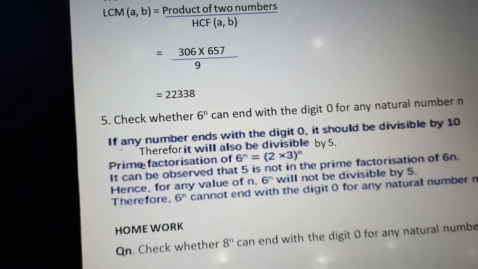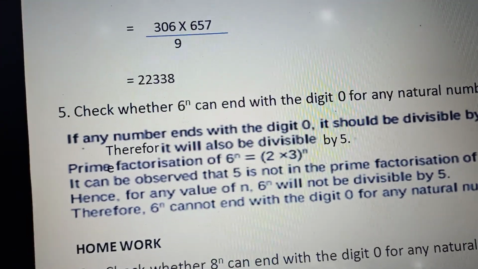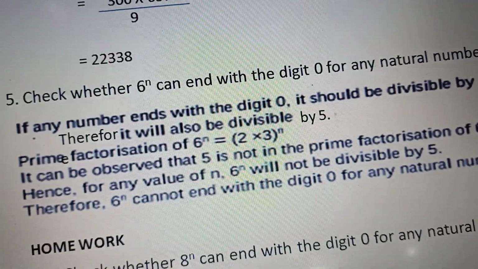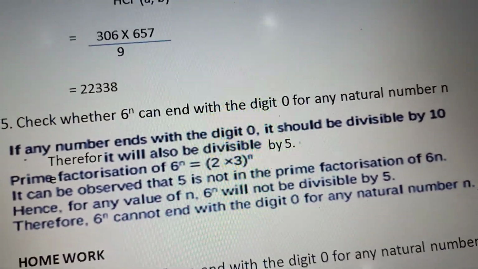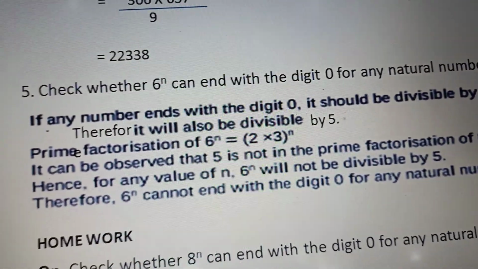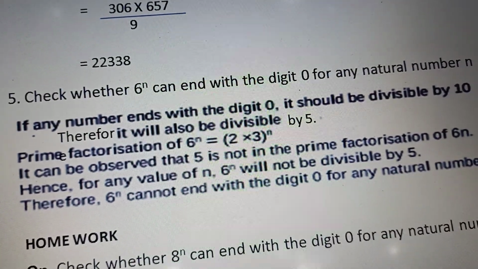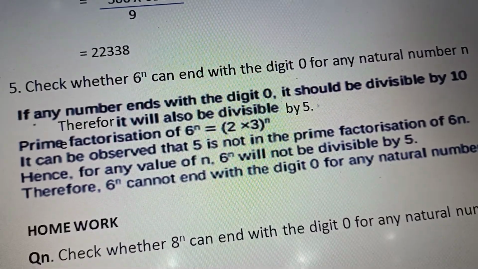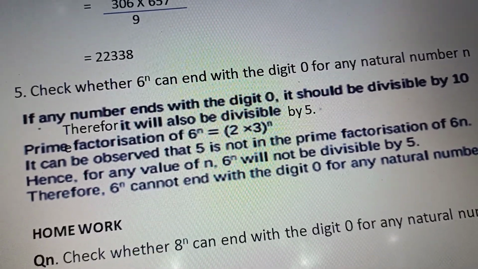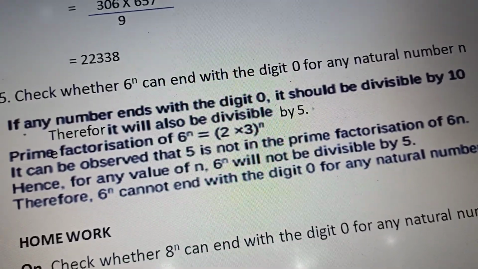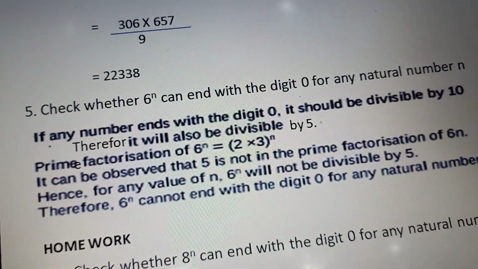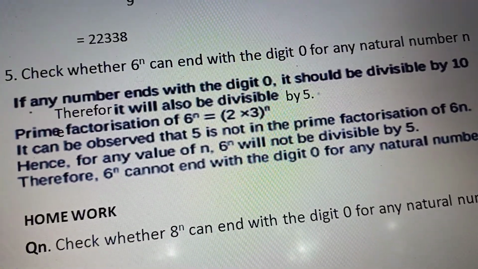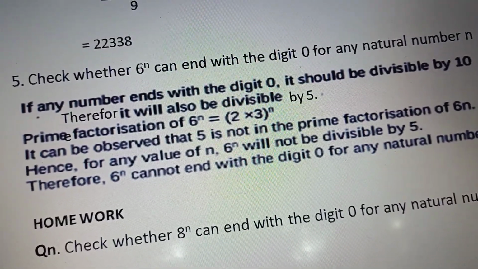Next, question 5. It is very important. Check whether 6 to the power n can end with the digit 0 for any natural number n. We know if the last digit is 0, it is divisible by 5, by the divisibility test. That is, 5 will be a factor.